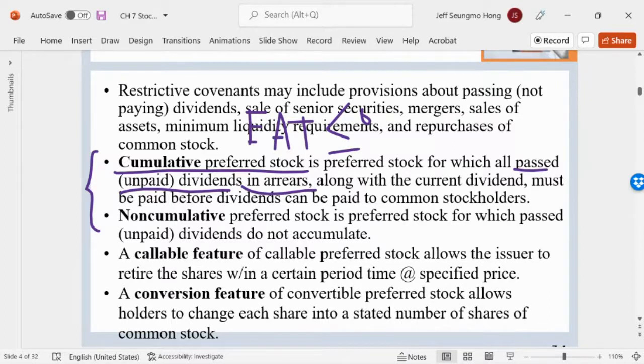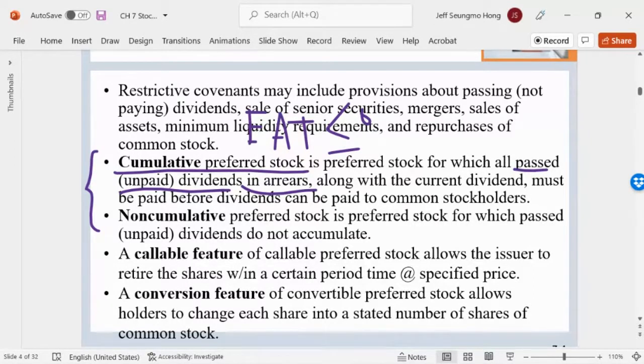So if you're in arrears, en arrière, that's being behind. The unpaid dividends pile up or accumulate, and they have to pay all these accumulated dividends and the current dividend before paying dividends to common stock.